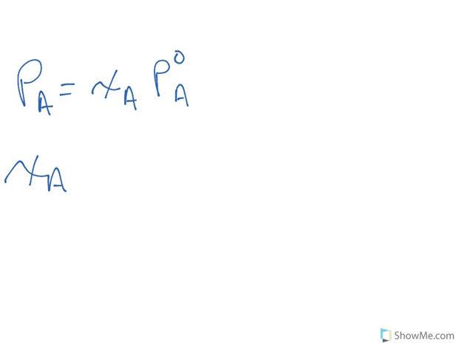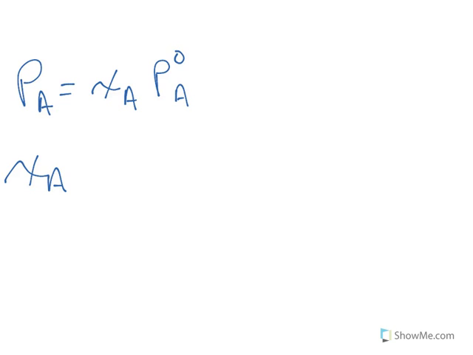So let's go ahead and use Raoult's law to calculate that. PA is equal to chi A times P naught A. We know what P naught A is. That's the pure solvent's vapor pressure. But now what we need to do is calculate chi A. And which substance is A? Is it the glycerin or is it the ethanol?